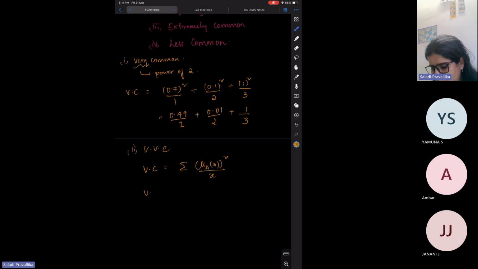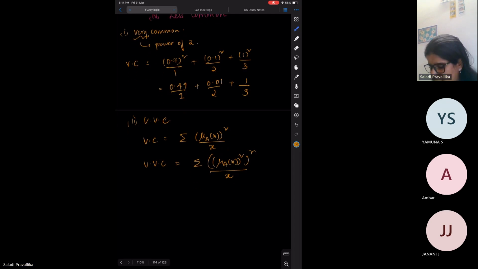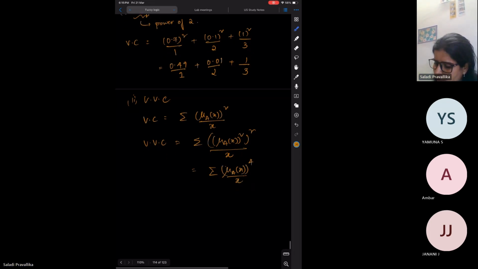That is for "very". So for "very, very common", we take squares of square, right? Yes, Yamuna, you're right. Thank you. So which is going to be mu A of x to the power 4 for a given value of x, right?